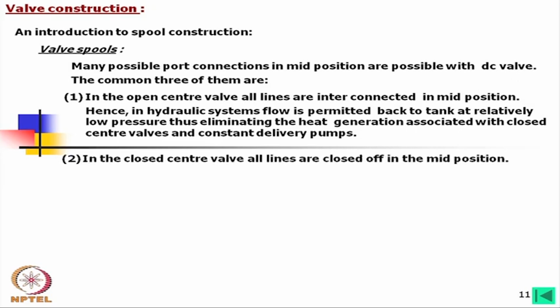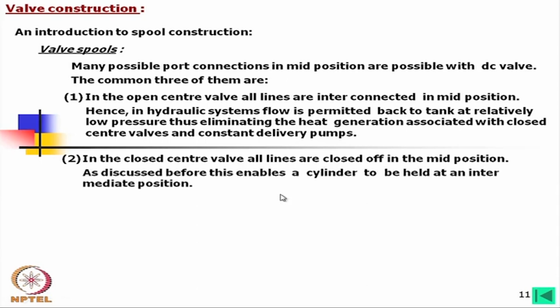In the closed center valve, on the other hand, all lines are closed off in the mid positions. As discussed before, this enables a cylinder to be held at an intermediate position. So, a benefit of being closed center is that not only does the fluid become ready, but we can keep the actuator at the current position.